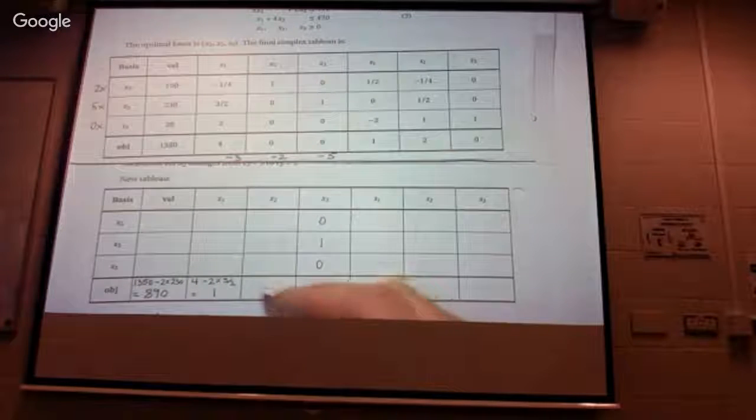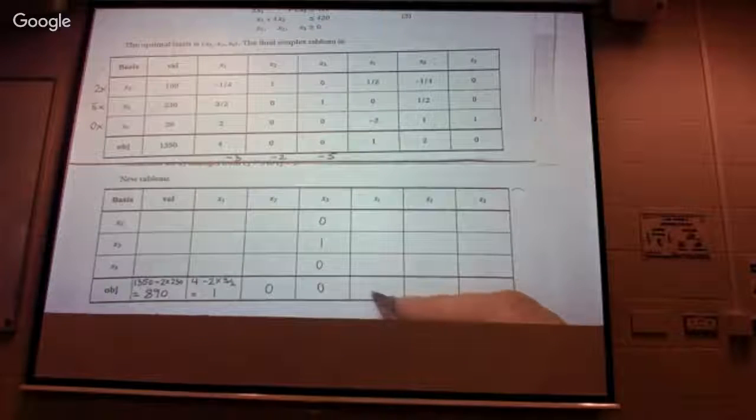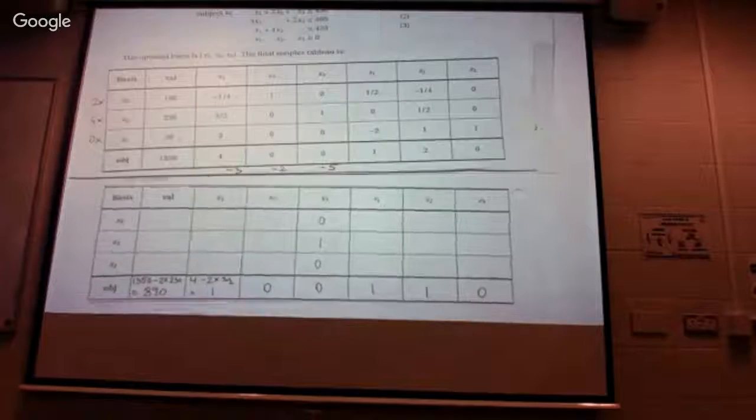And there I had 0, but well, I'm taking away 2 times 0, so no surprise there. Here I had 1, I'm taking away 2 times 0, so I still keep the 1. Here I have 2, I'm taking away 2 times 1/2, so I only have 1. And this is basic, so it has to stay 0.